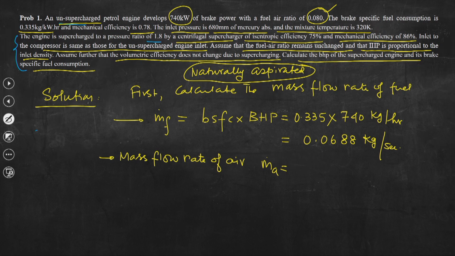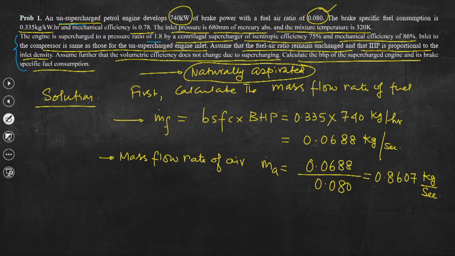So, mass flow rate of air should be equal to 0.0688 divided by 0.080, since mass flow rate of fuel divided by mass flow rate of air is the fuel air ratio. So, this is coming as 0.8607 kg per second. So, we have the mass flow rate of fuel and of air for the first case, that is the naturally aspirated case.